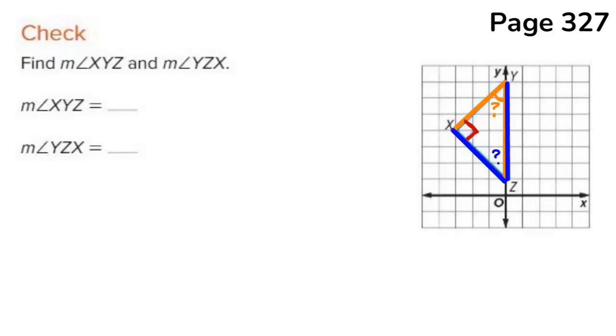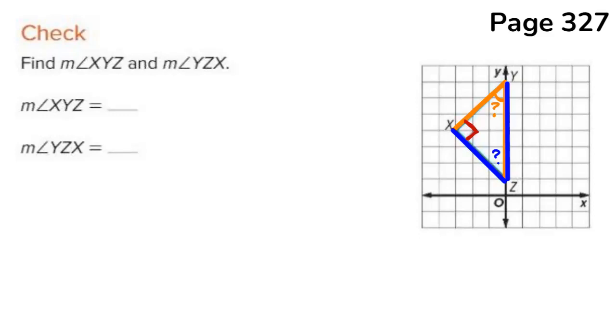We're going to find our missing angles. In order to find the missing angles, what do I need to do first? I need to figure out how big those sides are. If all 3 sides are different sizes, then all 3 angles are different sizes, and I can't find them.